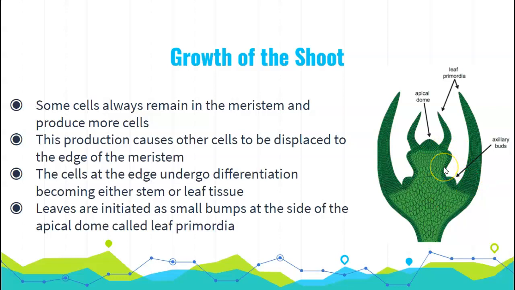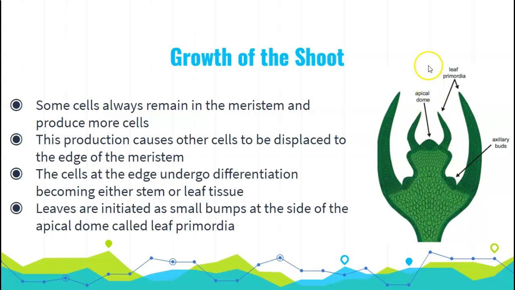At the shoot, you have leaves that start as small bumps and eventually turn into what's called a leaf primordia. And if you've ever seen a flower, these are kind of the green leaves right underneath the petal colors. So again, this is all very similar to what I talked about before with the apical meristems, where you have the axillary buds that do not do anything until this shoot continues to grow.